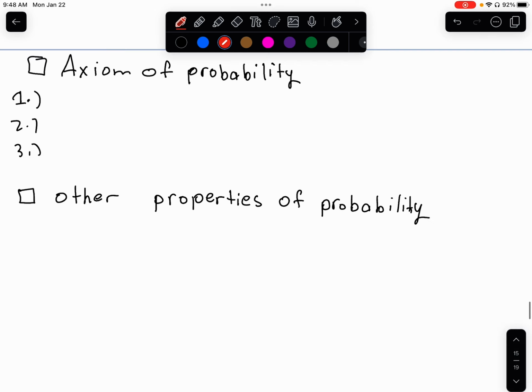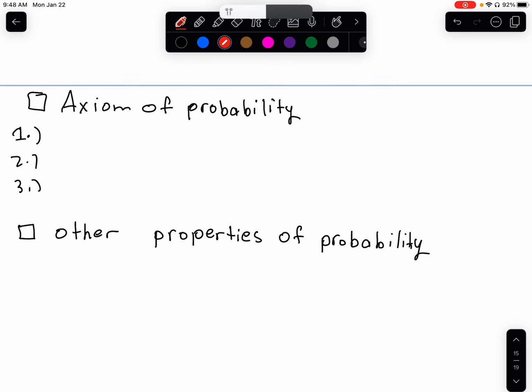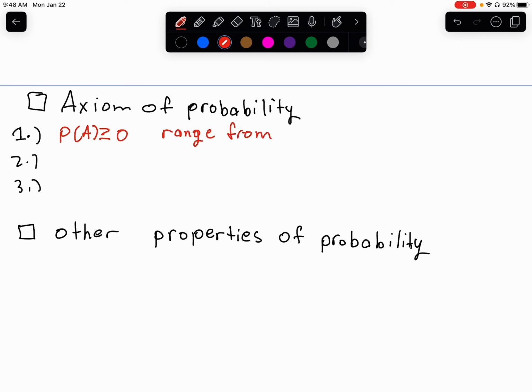We're going to go over our axioms of probability. The first one: the probability of A has to be greater than or equal to 0, which means the range is from 0 to 1, which is basically 0% to 100% chance.